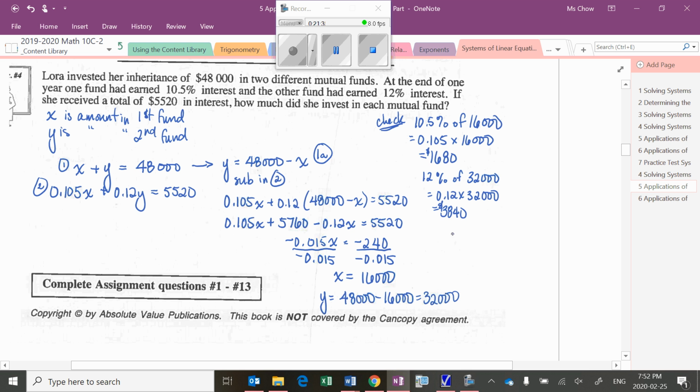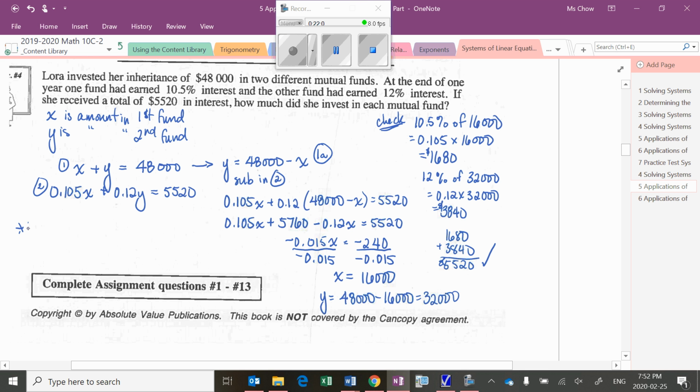If we add those together, 1,680 plus 3,840, we do in fact get our total amount of interest, which is $5,520 total. So that works out, which means we can answer the question: how much did she invest in each mutual fund?